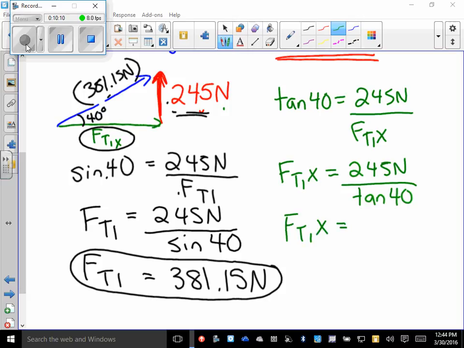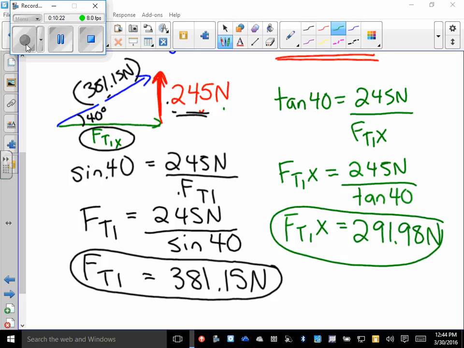Force of tension: 245 divided by tan of 40. I got 291.98 newtons. Okay.